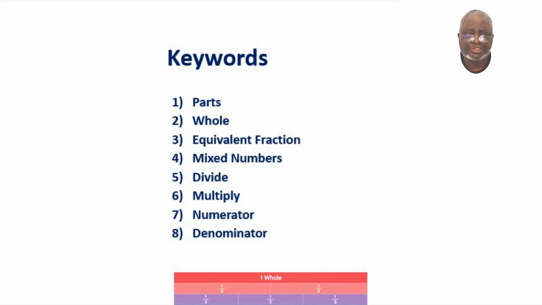Numerator and denominator seem to be old words now, but that's what I was taught, and it makes clear sense to me to call things by their proper names. So you can either call them numerator or top number, and denominator or bottom number of a fraction, which is always made up of two parts.